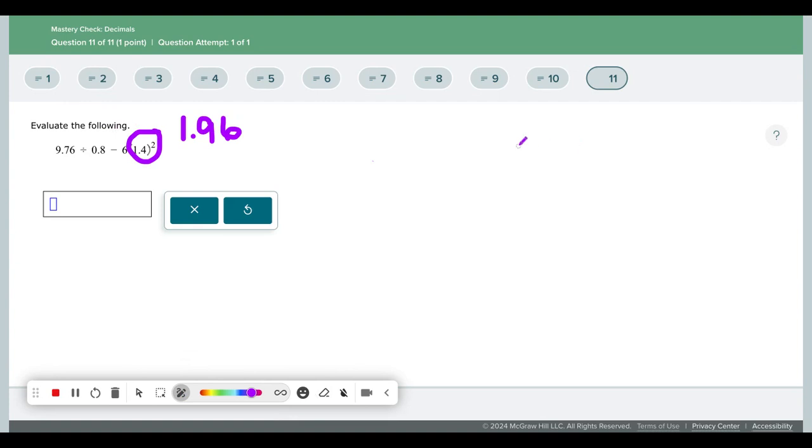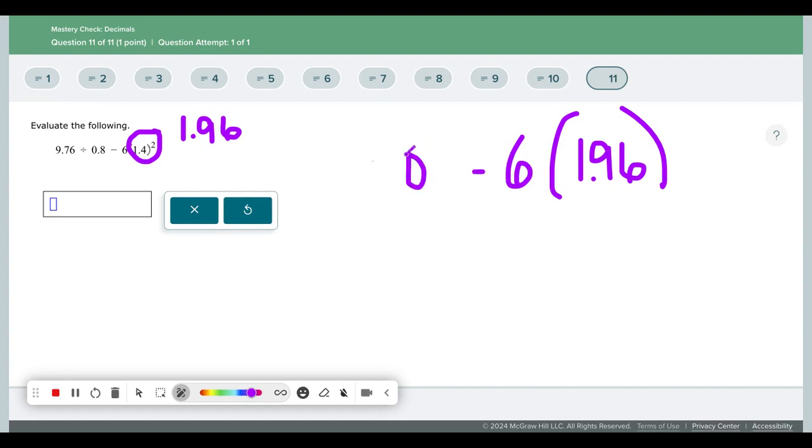So over here, if you notice, there's 6, and then inside parentheses, we now have 1 and 96 hundredths. Do you know what it means when they're shoved together? Do you remember that? That actually means that we need to be multiplying. Anytime things are shoved up against one another without an actual operation symbol there, that's what that means, okay?